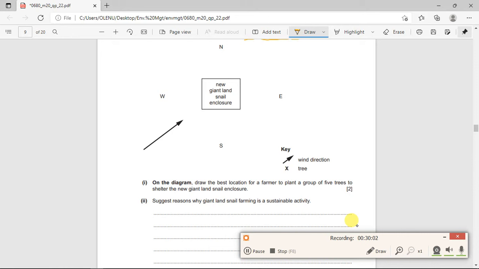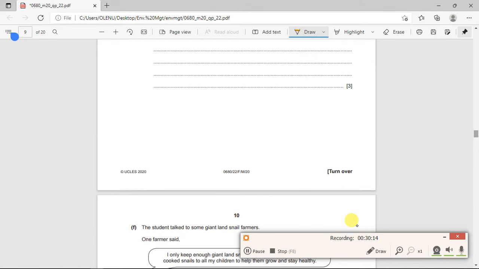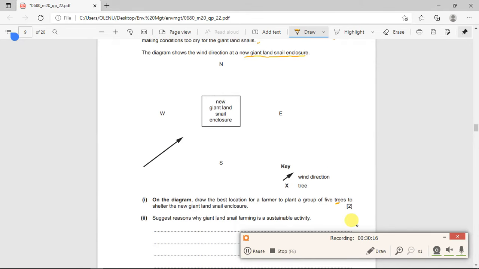They say on the diagram, draw the best location for a farmer to plant a group of 5 trees to shelter the new giant land snail. This is the wind direction, and this is the new giant land snail enclosure. So where should you plant 5 trees? You can plant them here: 1, 2, 3, 4, 5. So they'll act as wind breaks.